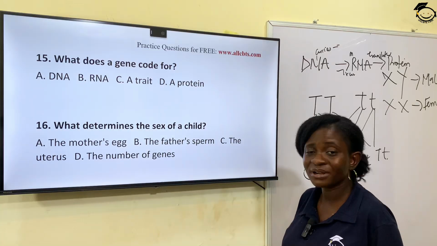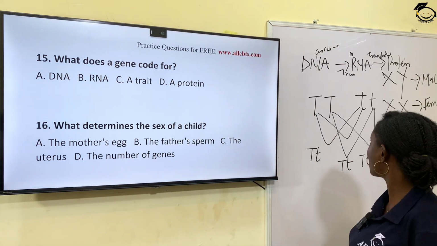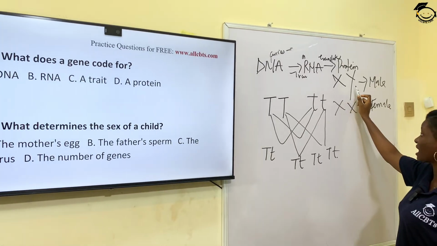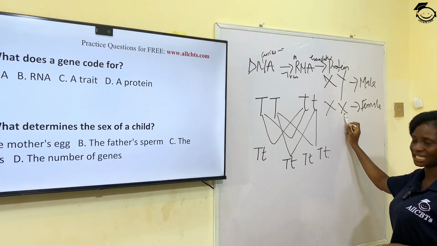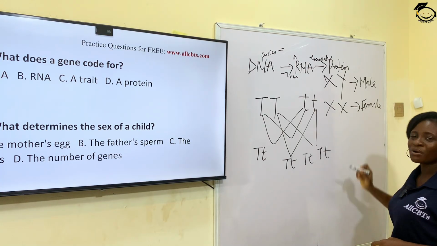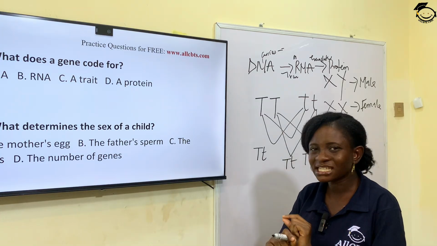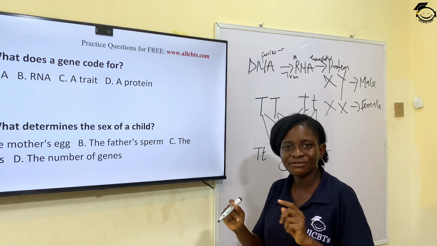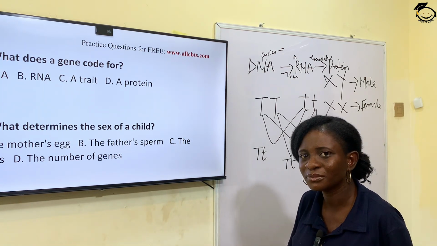So the correct answer is the father's sperm. Why? Because a male carries the chromosomes X and Y, and a female is X and X. So a female can only donate an X chromosome no matter what, since they have an X egg. But a father can donate either an X or a Y chromosome.